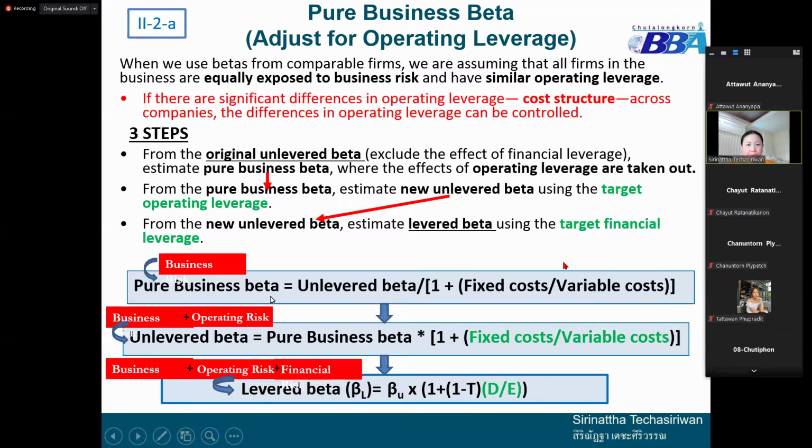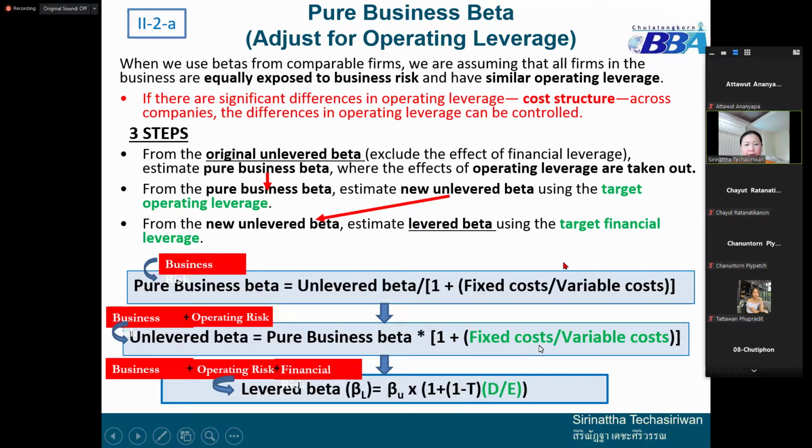And from this pure business beta, you re-level it back to the target fixed cost to variable cost of the company you analyze. This is the fixed cost to variable cost of the comparable company. This is the fixed cost to variable cost of the company that you analyze, right?